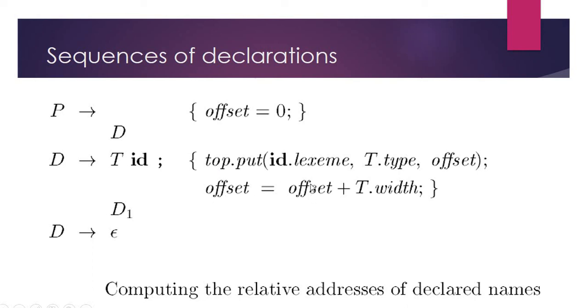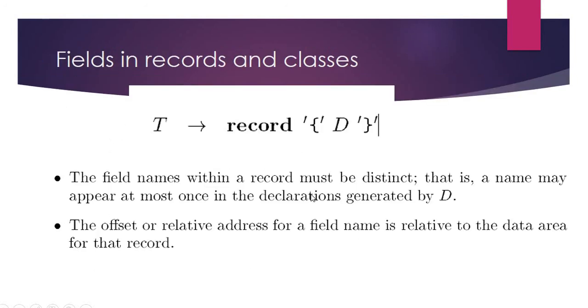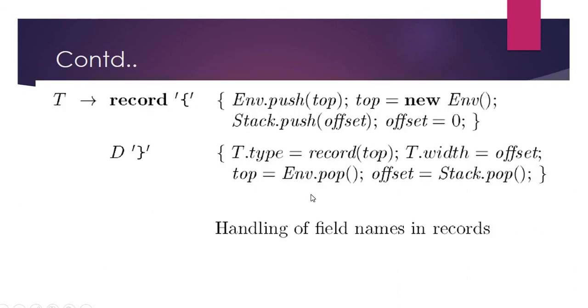Then the offset value will be incremented depending on the data type, whether it is integer or float. Accordingly, the width will be found out, and it will be added to the offset value to find out the relative address. So after finishing storing the declarations of the field names and the details in the symbol table, what is needed to be done here?